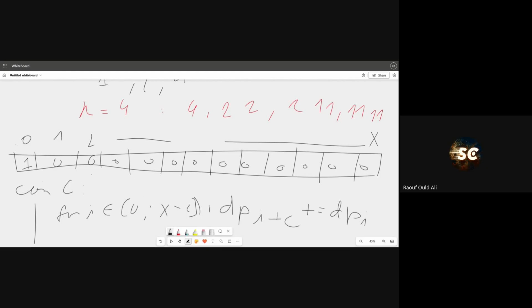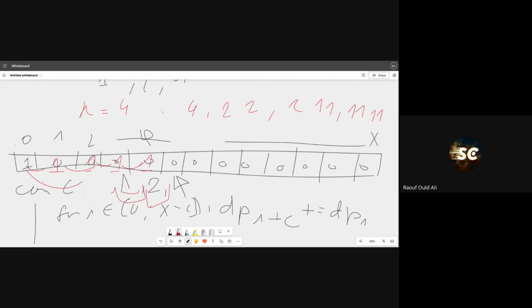So here, if the coins are 1, 2, and 4, and we're going up to 4, what will happen here? We start with 1, so we add one way to here, one way to here, one way to here, one way to here. So using the coin 1 only, we have one way in every one. Then we do the same for 2.